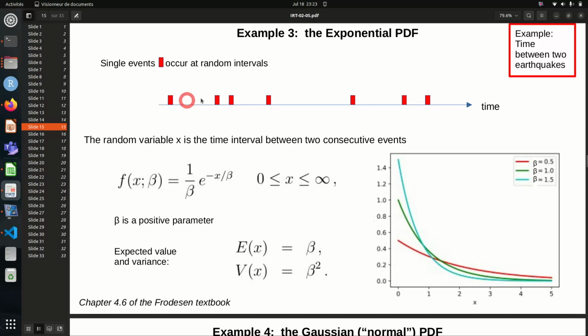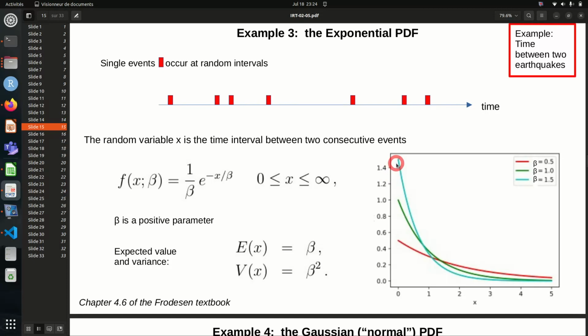And this kind of difference is described mathematically by an exponential function. X here is the value of the interval, and beta is a parameter. So beta belongs to the Greek alphabet. You remember we use the Greek alphabet a lot. And here we have one random variable and one parameter.